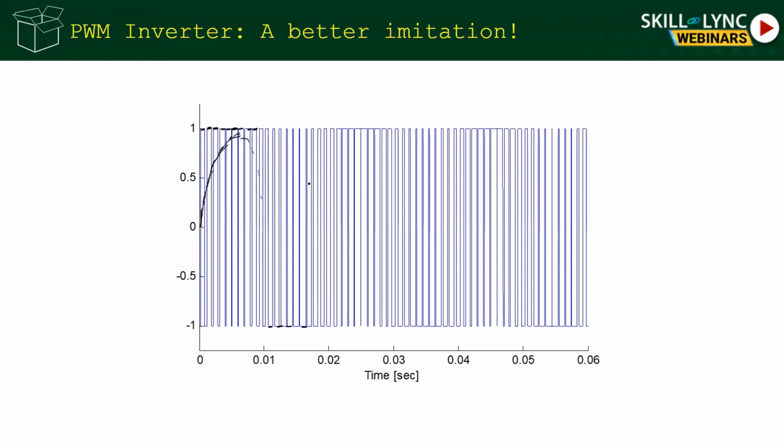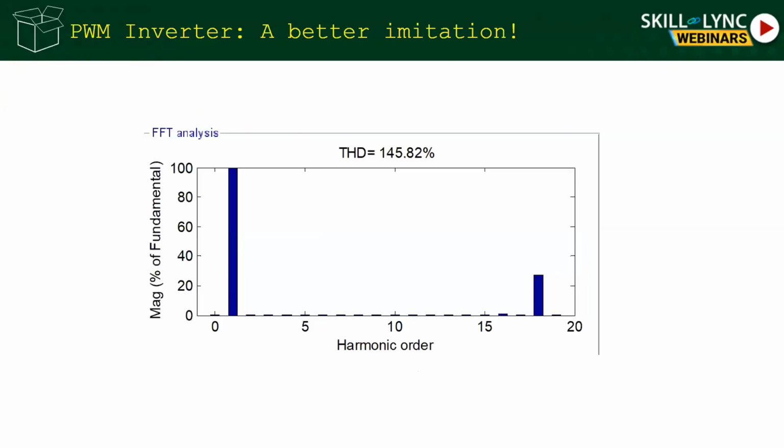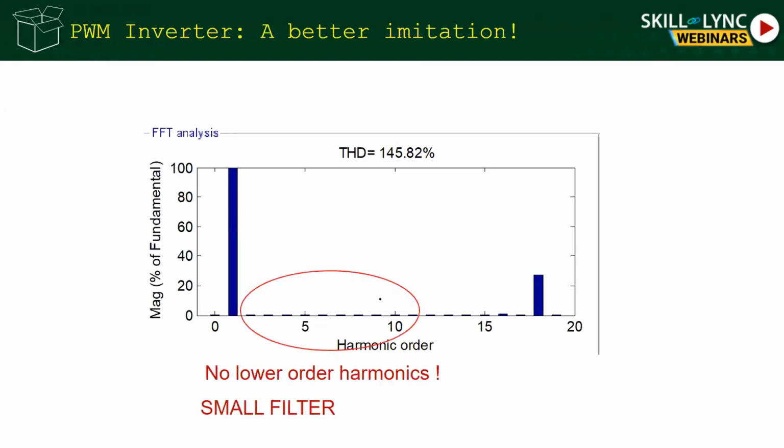Of course, this is a qualitative analysis. If you see the quantitative analysis, which means the harmonic profile of this PWM waveform, you see that the lower order harmonics are not there. So you will need only a small filter to filter out the higher order harmonics.